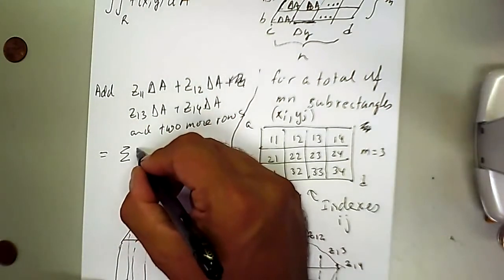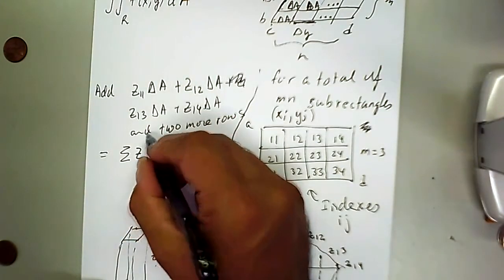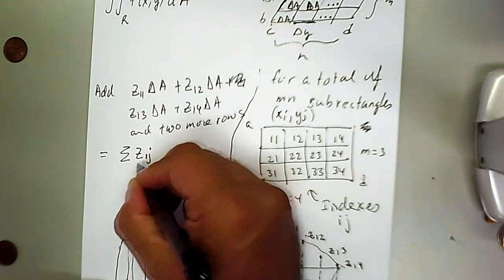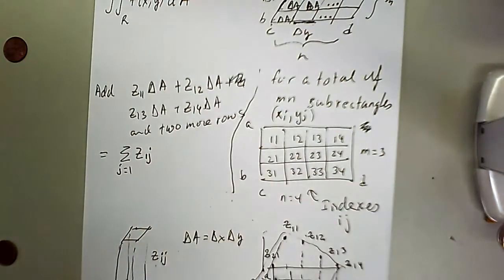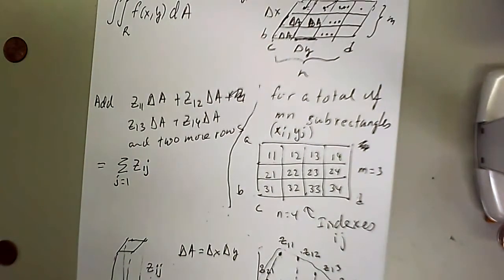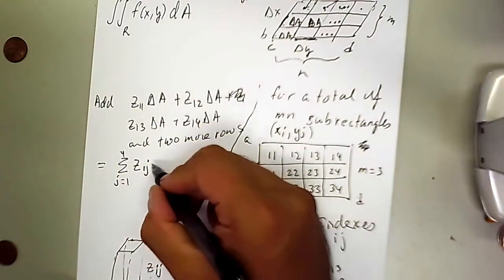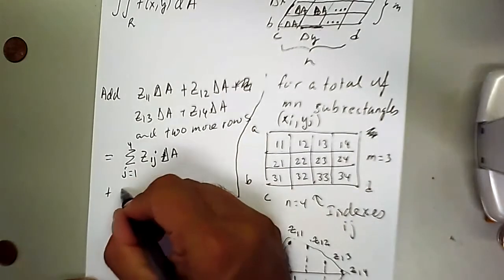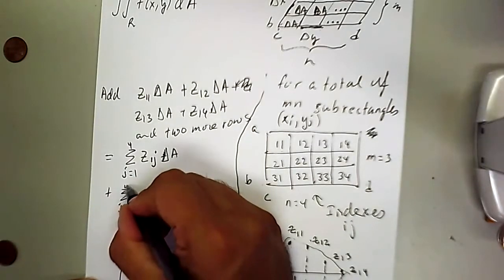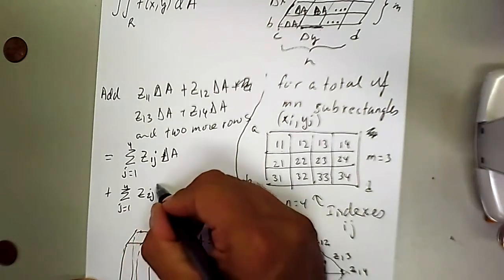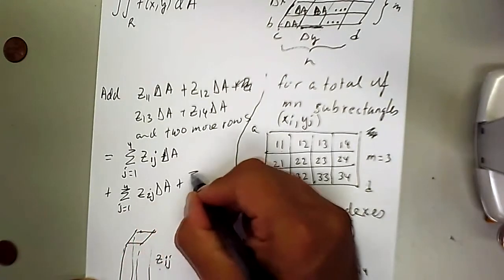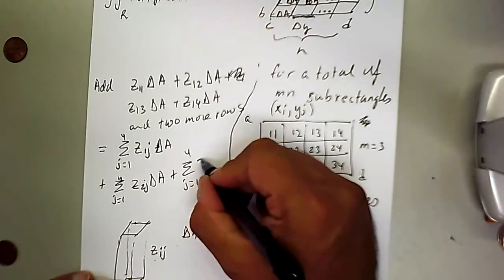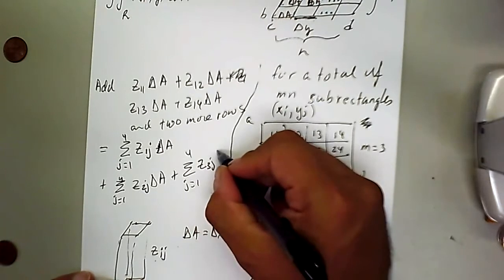So we could have the sum of Z1j delta A, as j goes from 1 to 4 in this case, plus the sum from j equals 1 to 4 of Z2j delta A, plus the sum from j equals 1 to 4 of Z3j delta A.